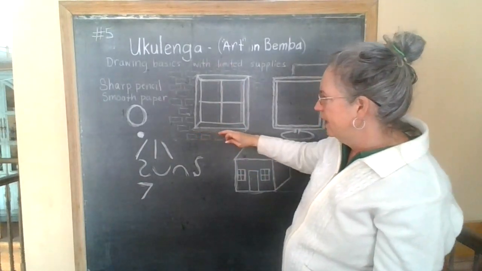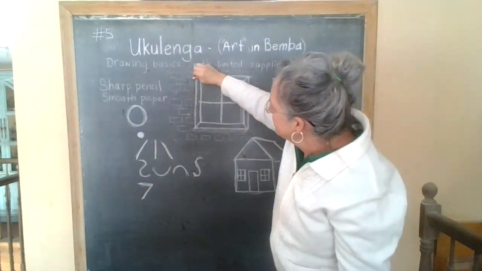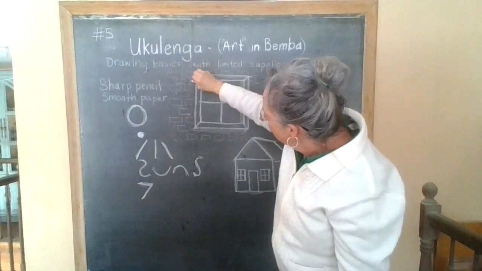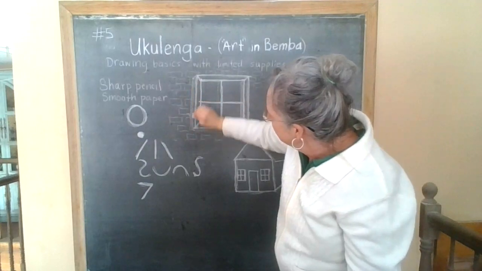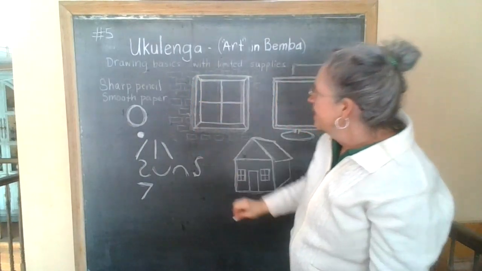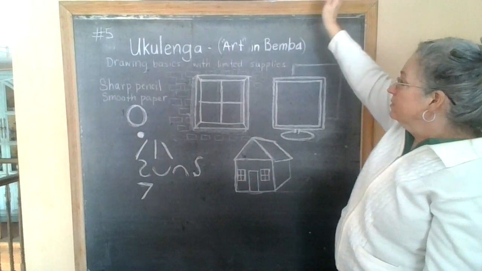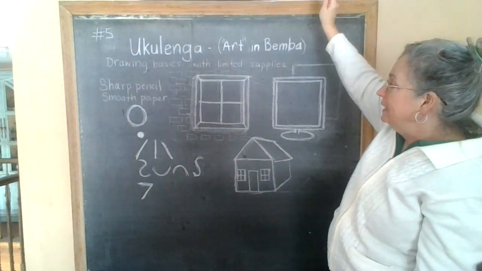You can go back and forth with your pencil, or you can use the side of your pencil. Underneath the window, we're going to have a shadow. And on this side of your window, you will have a shadow because the sun or the light source would be from here.